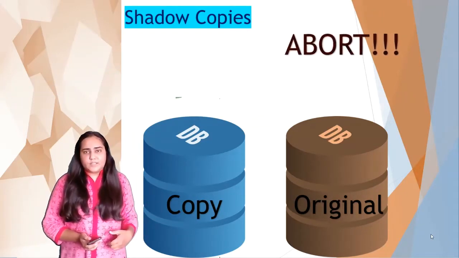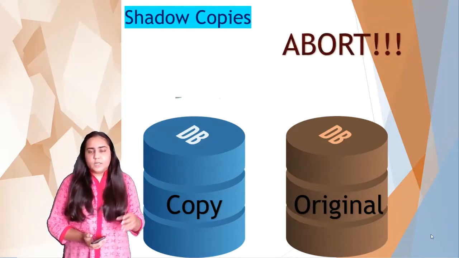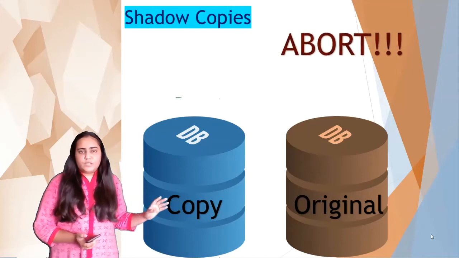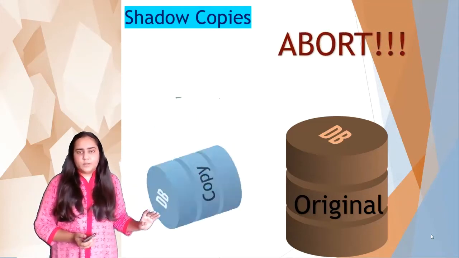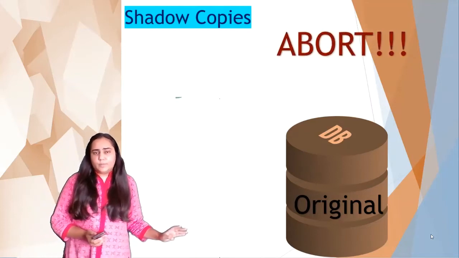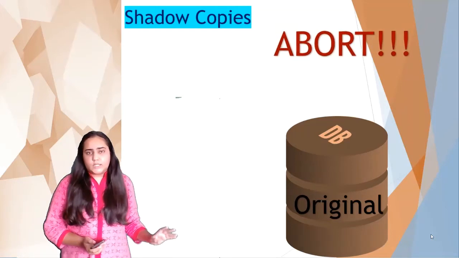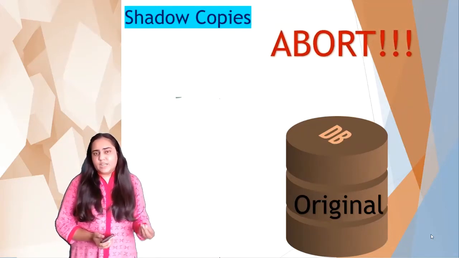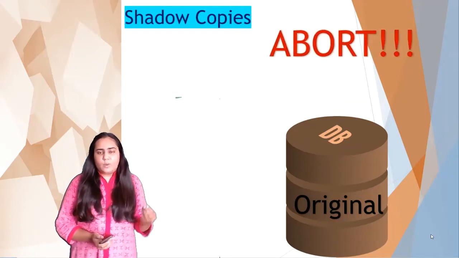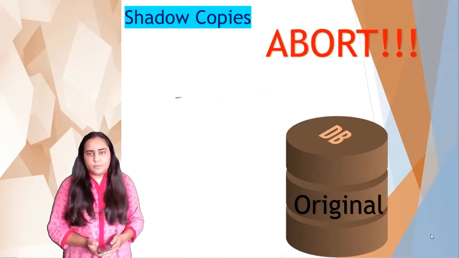Now, suppose a transaction gets aborted due to any kind of failure, then the copy which we created, where all the updates have been done, will simply be discarded, and the original copy, which is already present in the secondary memory, is considered as the current copy. So you simply have to change the place where the DB pointer points. The DB pointer can now simply point to the original copy.